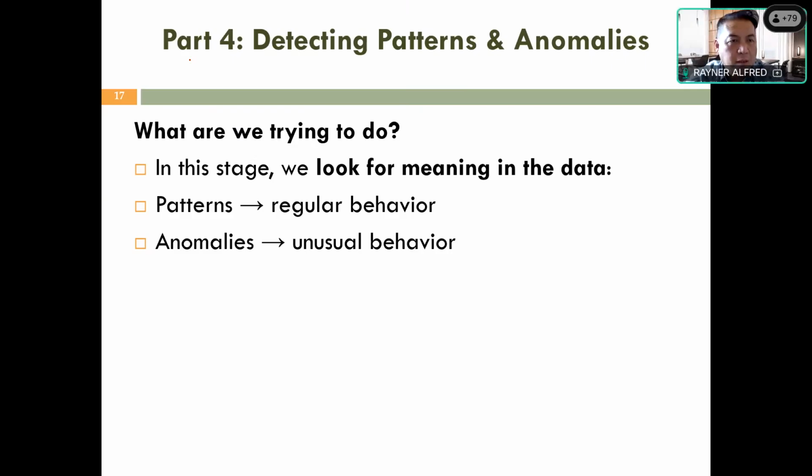Okay. So now we go to part 4, which is how do we detect patterns and anomalies. So in this stage, what we want to look for is some pattern or anomalies. Okay. Now patterns mean frequent pattern referring to regular behavior, and then anomalies are something which is unusual.